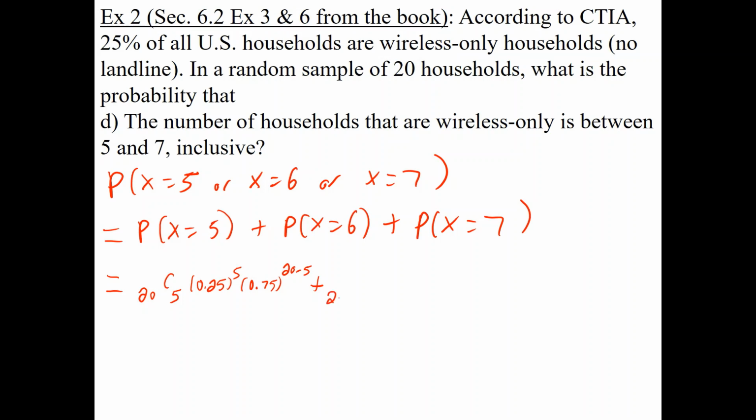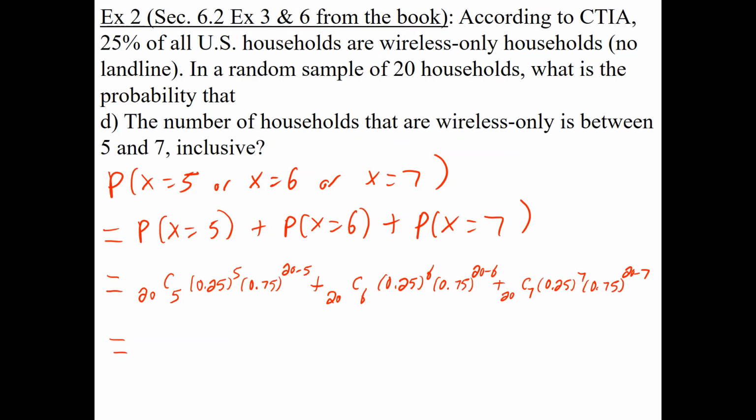So this is 20C6, 0.25 to the 6, 0.75 to the 20 minus 6. Last term is 20C7, 0.25 to the 7, 0.75 to the 20 minus 7. And you go ahead and calculate each of those.